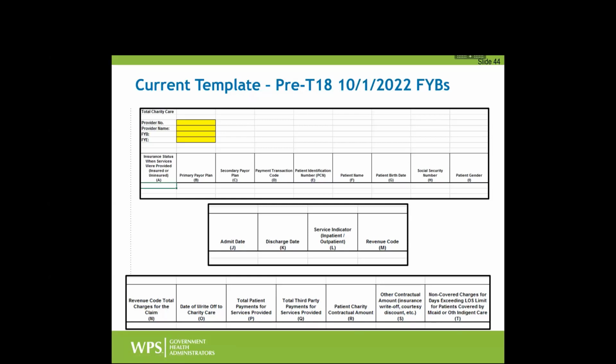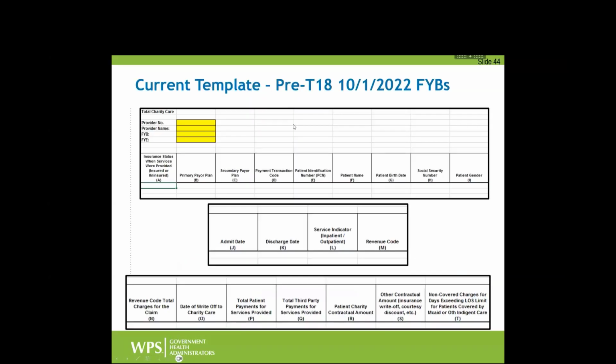Now, it may not be perfect, because there may be situations where the patient still owes something. They haven't paid it yet, but it hasn't been written off. But in no case can these components exceed the total charges. That's really what this reconciliation is all for, to help us make sure that the charity care amount was not more than it should have reasonably been.